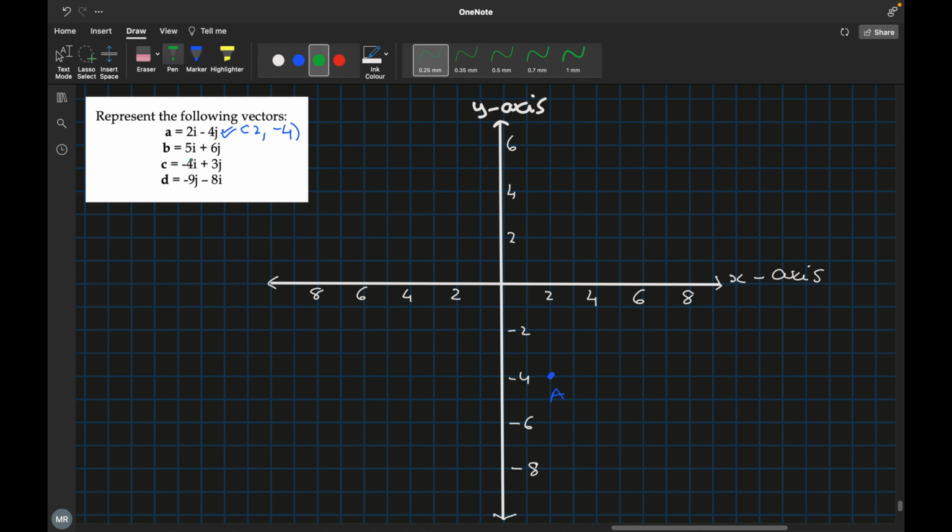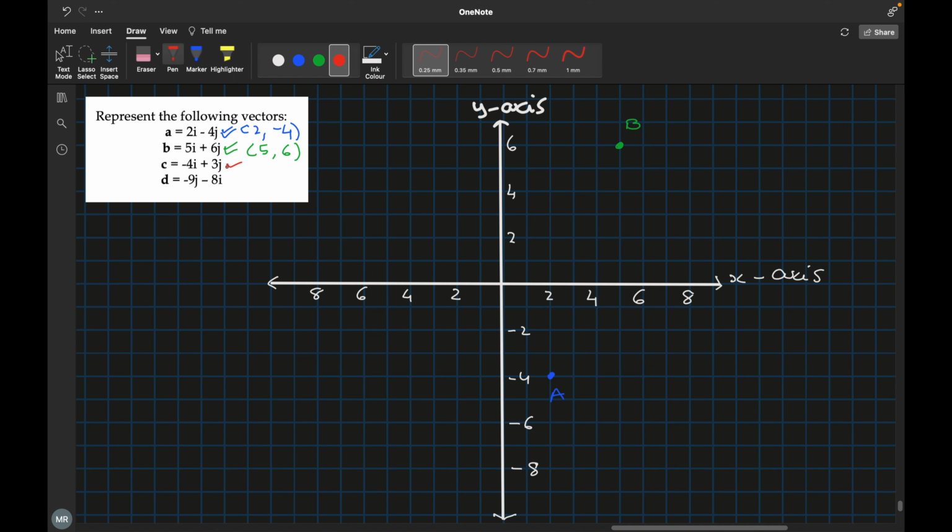Let's plot B. This is 5 comma 6 because both of them are positive, so it's going to be 5, 6. This is B. I'm writing capital, but you're supposed to write lowercase.